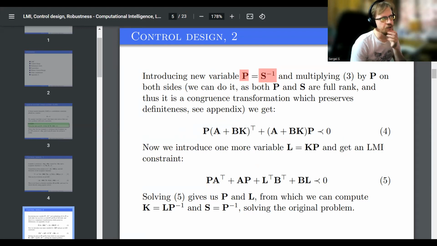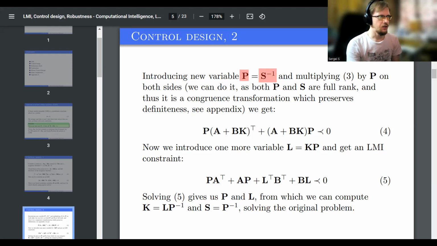Well, because there is a property called congruent transformation, which says if we multiply a matrix by M transposed on both sides, and if M is a full-rank matrix, then you don't lose definiteness. So a positive definite matrix multiplied by M transposed on left and right is still a positive definite matrix.